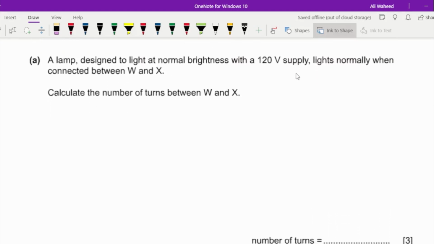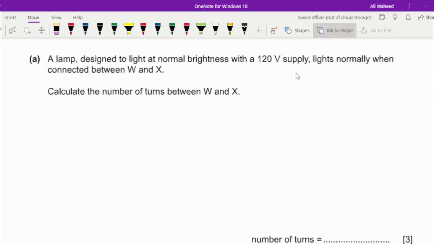The question reads, a lamp designed to light at normal brightness with a 120 volt supply lights normally when connected between W and X. Calculate the number of turns between W and X. So this is your secondary voltage, the voltage at the secondary side. The primary voltage was, as they have stated, 500 volts.